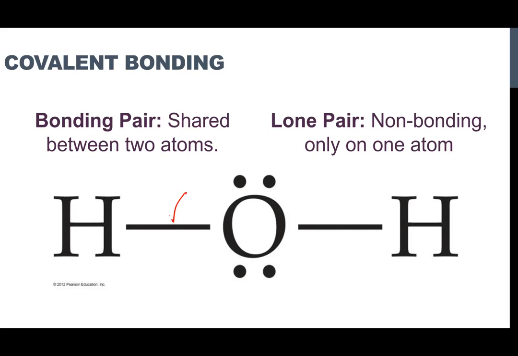The big take home here is that each line represents 2 electrons. So when I'm counting the total number of electrons here, I would count 1, 2, and then when I come to a line, I would count 3, 4, because it represents 2 electrons. So that's the only other thing I wanted to talk about on this slide, which was the fact that bonding pairs are often depicted as lines.